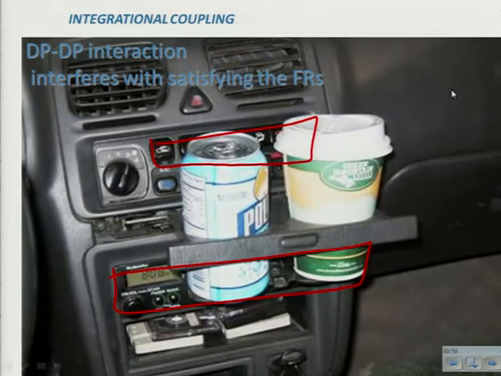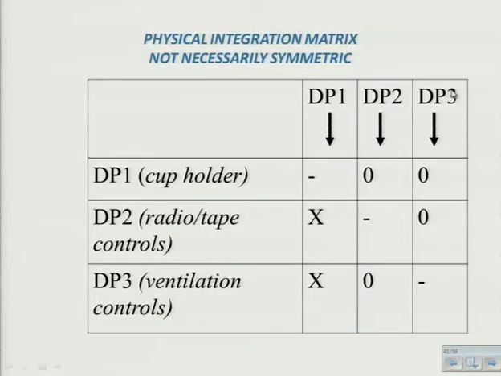Once I deploy it and put something in there, I have what's called integrational coupling because my access to the controls for the defroster and my access to changing the tape are limited. So when I need to do that, I have to take the beverages out, sort of hold them between my knees, and change the tape or adjust the stuff, and then put them back in. So this is one of the indications that it's a poor design.